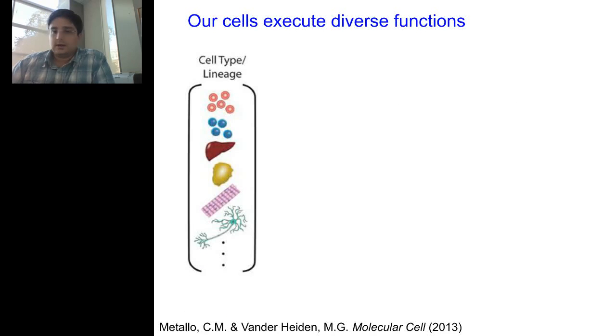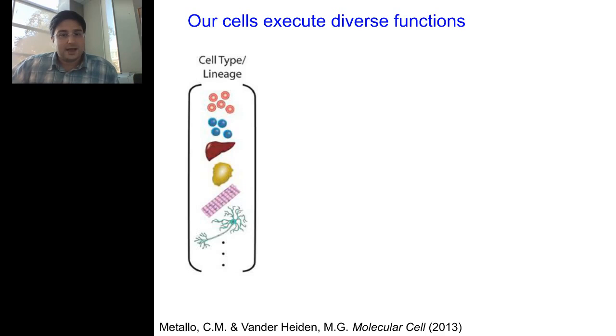To start, I'd like to point out one of the problems that we need to overcome in studying and understanding metabolism. The cells in our body perform different functions, be they neurons, muscle cells, or cancer cells.